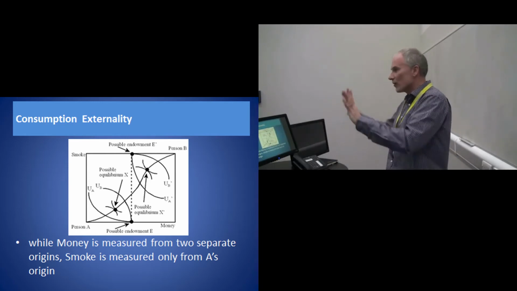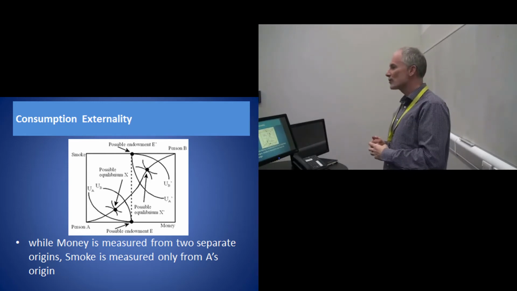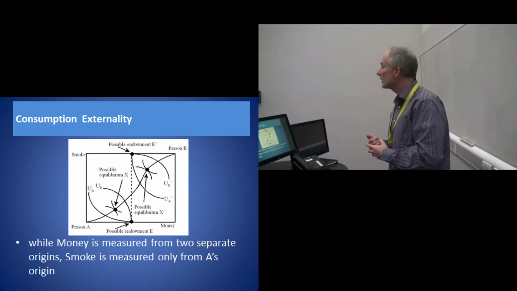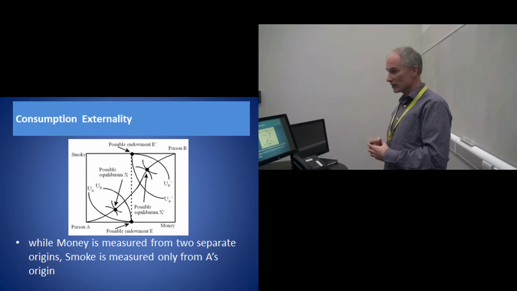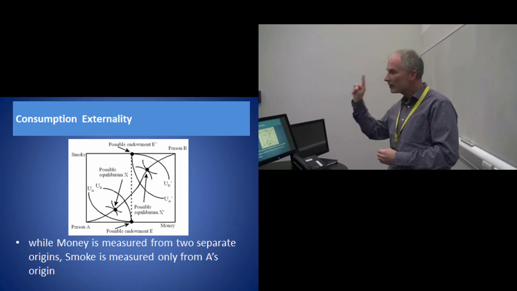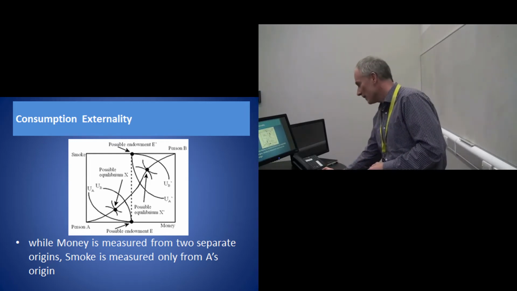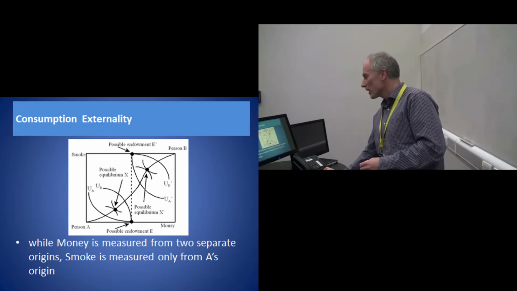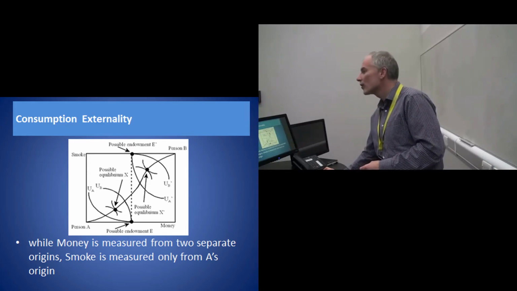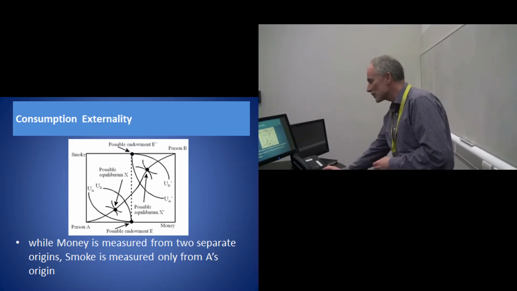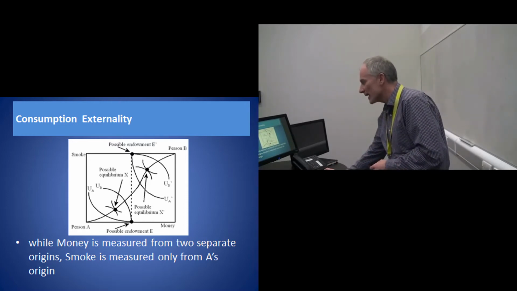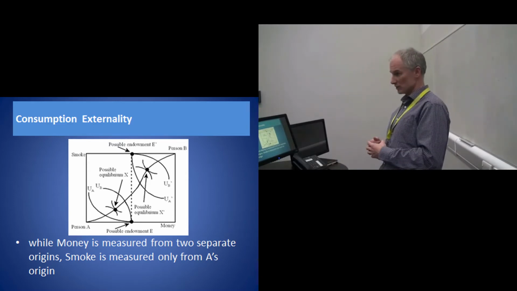So in that sense, it wouldn't be appropriate to measure smoke from each person's origin, from two different points. There's only one amount of smoke that's available. And so, in this diagram, we're measuring smoke from person A's origin. And as we move away from person A's origin, the amount of smoke increases.